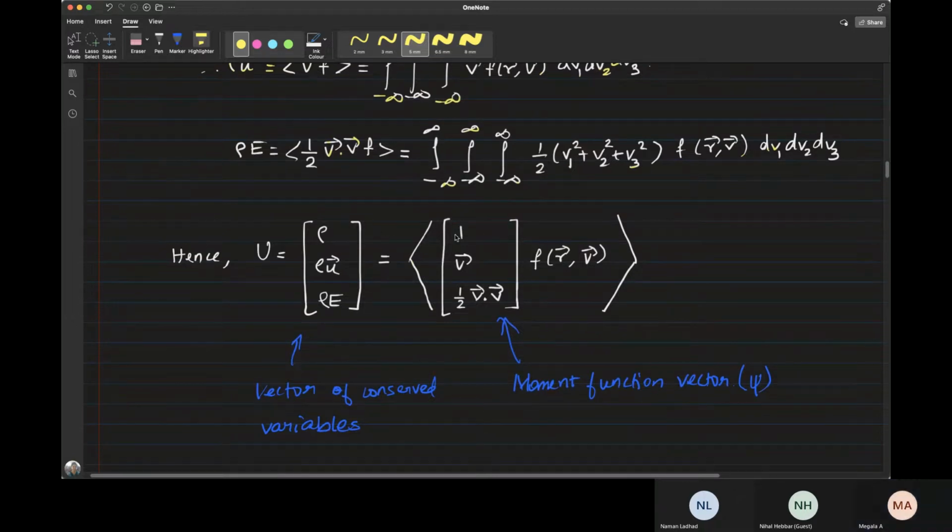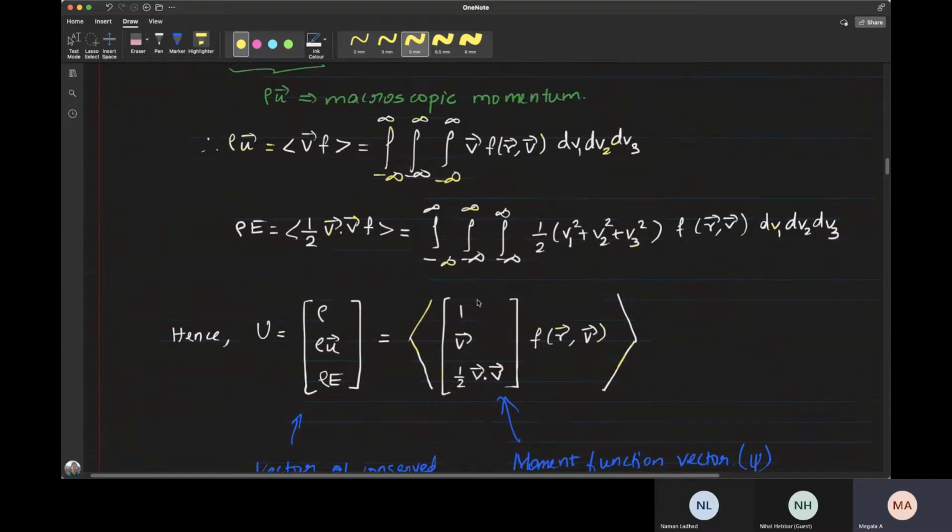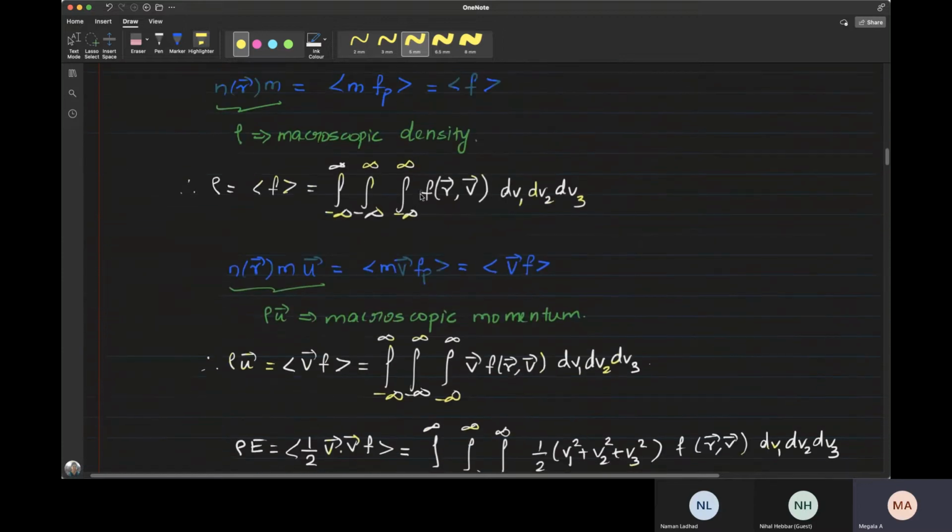This is just the same thing. You know that this sign represents integration. So basically, you first multiply f with this vector. This is the moment function vector. For rho, you just put 1 over here.